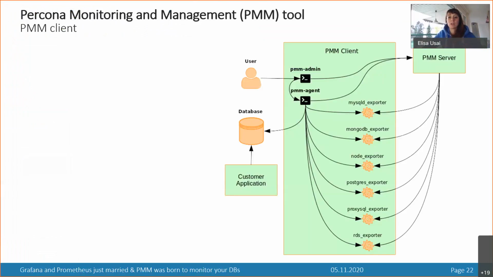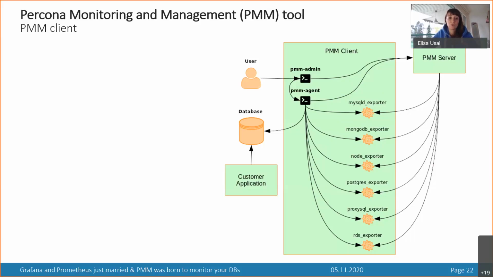It's a package. The clients, as we said, collect all the data. And it's a package composed of several components. We have the PMM admin, which is the command line tool for managing PMM, for example, to add or remove database instances and so on. We have the PMM agent, which is the client-side component for the command line interface.